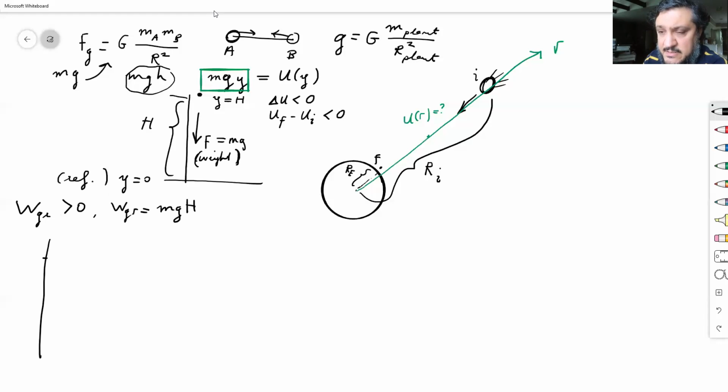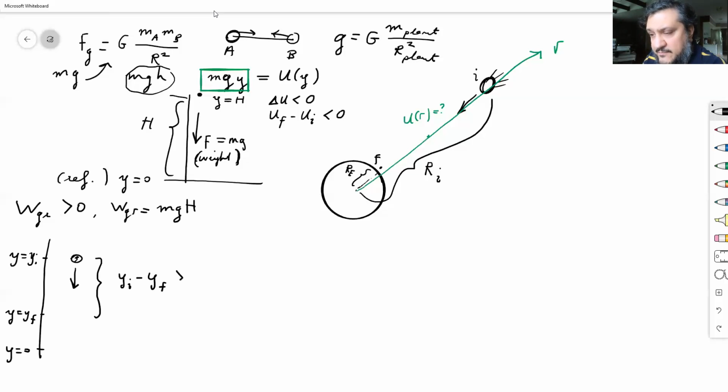So this is the initial point, y equals y initial, and y equals y final, and here it is y equals 0. So the object goes downward, moves a distance of y initial minus y final.